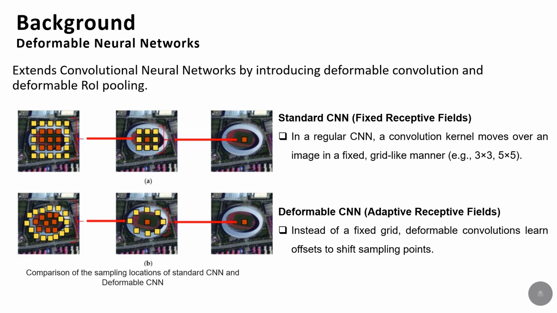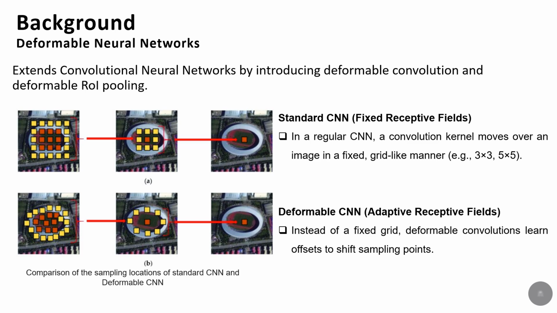So to overcome that, there is the concept of deformable convolutional neural network. This basically has adaptive receptive fields. So instead of the fixed kernel, the kernels use deformed convolutions, which are just based on offsets to shift the sampling points.